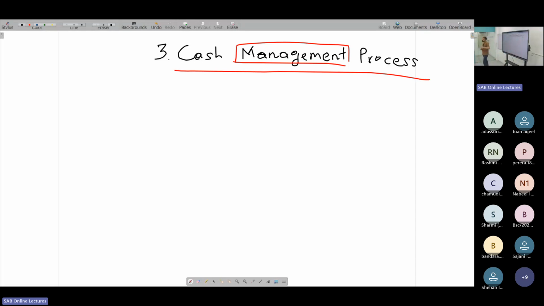Before discussing the technical areas, I want to tell about certain things. The method in management, like the cash management process, is a vast area. So we want to understand the study of management, the method. Okay, we discuss that method.